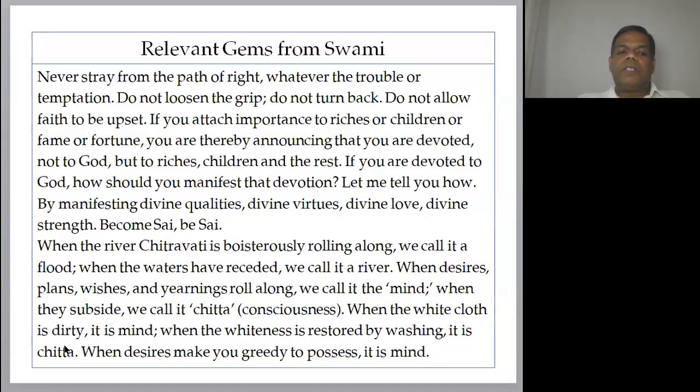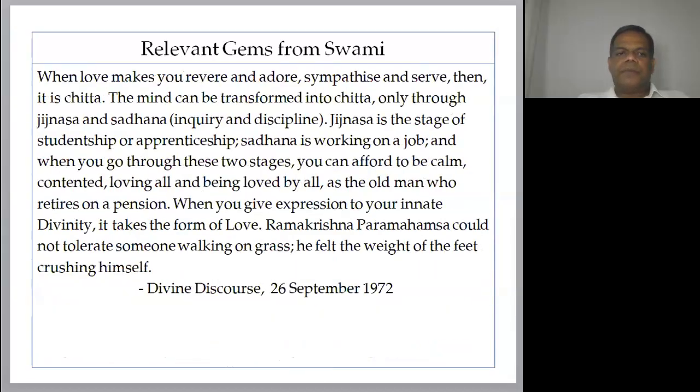When the white cloth is dirty, it is mind. When the whiteness is restored by washing, it is Chitta. When desires make you greedy to possess, it is mind. When love makes you revere and adore, sympathize and serve, then it is Chitta.